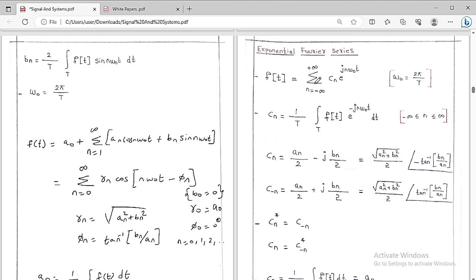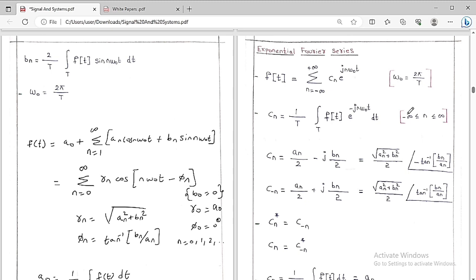This point you always have to keep in your mind. So Cn are also coefficients which lie from minus infinity to plus infinity. These things always keep in your mind.